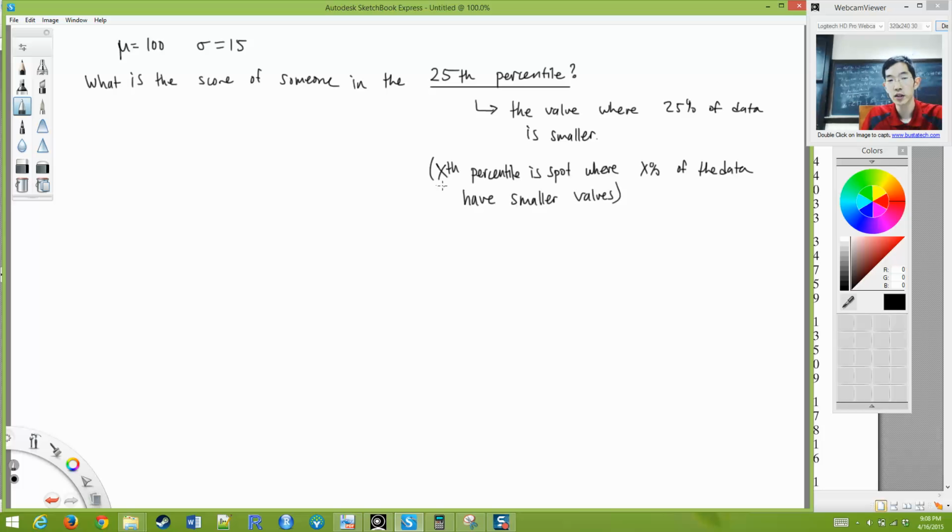So when we say, what is the score of someone in the 25th percentile, what essentially we're saying is, if I were to draw a picture, I'm shading in a spot, and I want to know what this value is so that the shaded area is equal to 0.25.